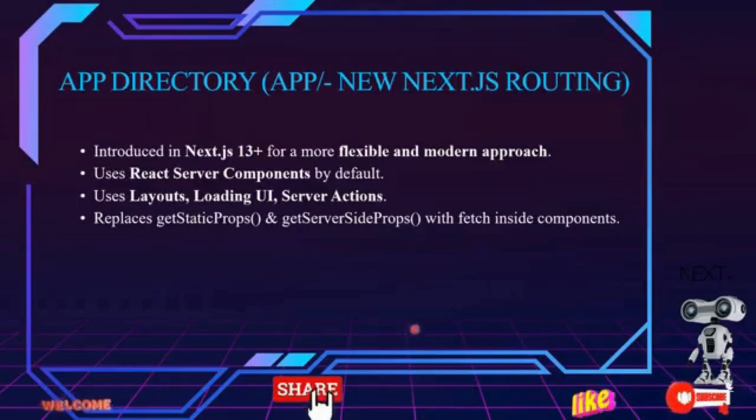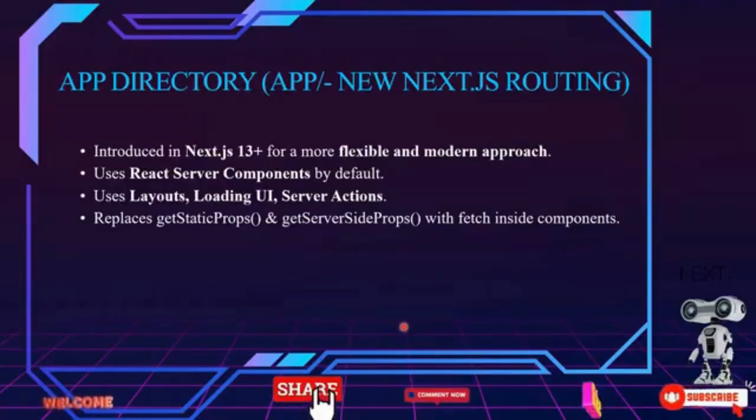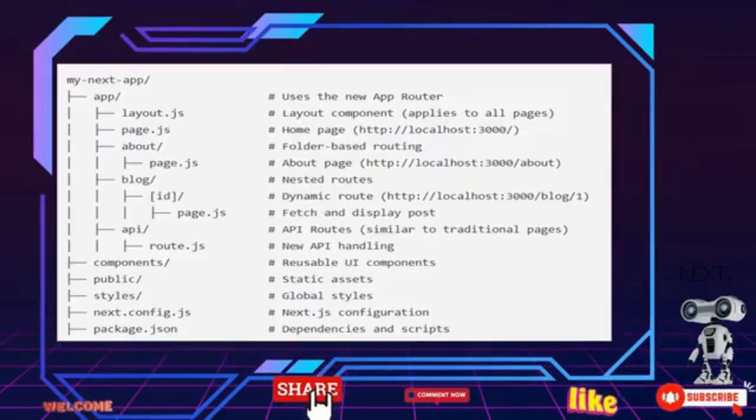The app directory, introduced in Next 13, is a more flexible and modern approach using React Server Components by default, with layout, loading, UI, and server features, replacing getStaticProps and getServerSideProps with fetch in server components. I will show this here.